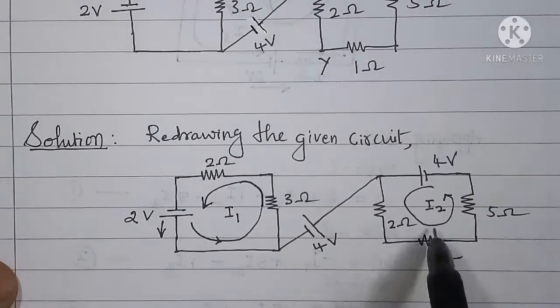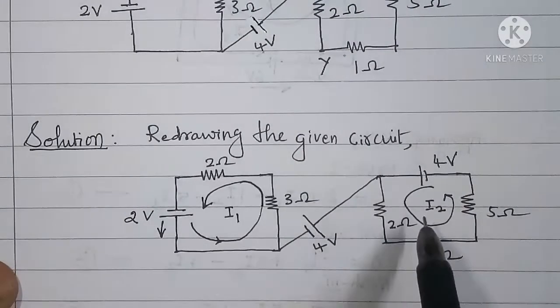Applying KVL to mesh 1 and 2, we will find out what is I1 and what is I2.